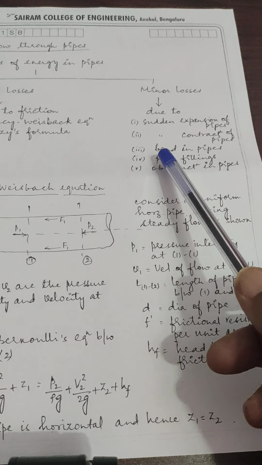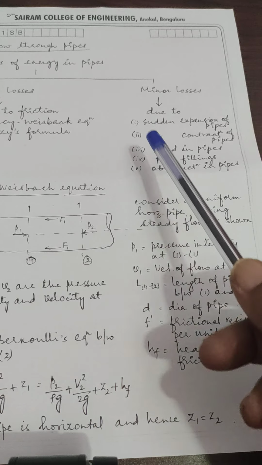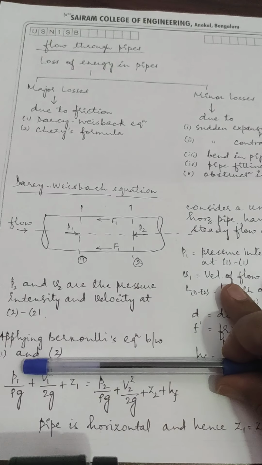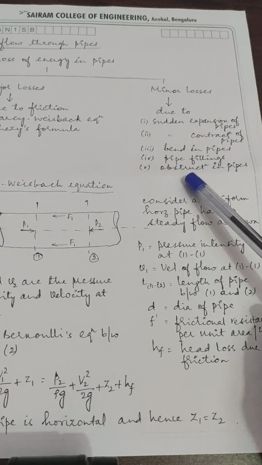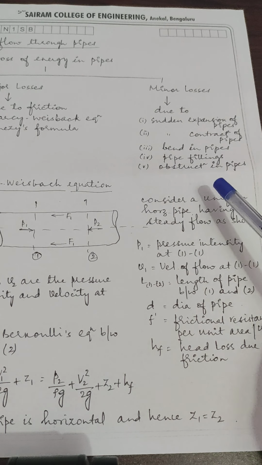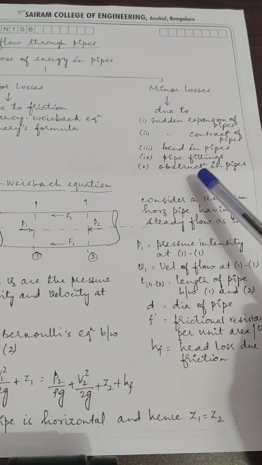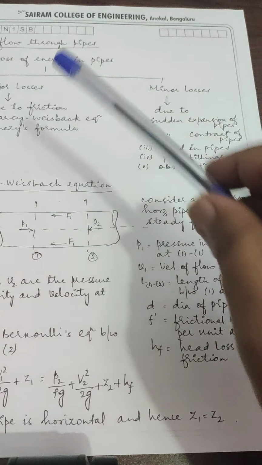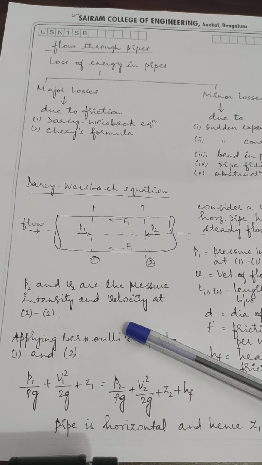When there are external pipe fittings, there will also be loss of energy. Then any obstruction in the path of the fluid flow, that is obstruction in the pipes, also leads to loss of energy.